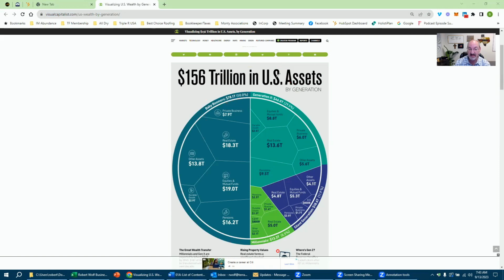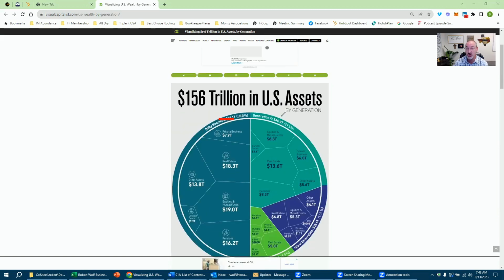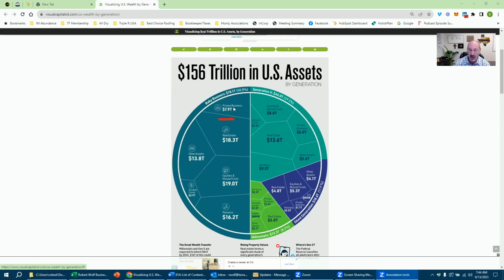So pretty crazy. Private businesses, $7.9 trillion. This is huge. This is a large asset class that will be exchanging hands, and private business means these are people who are going to exit.